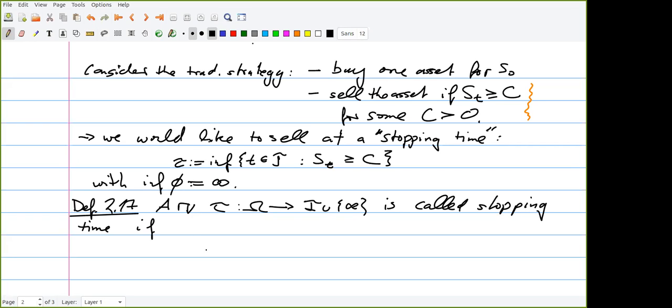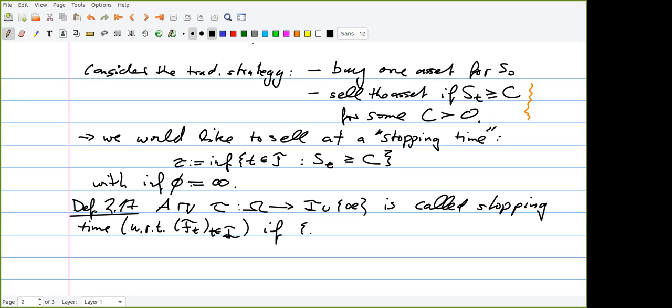if, and again, the stopping time is always with respect to some filtration. So most of the time I will not say it, but it's always with respect to the filtration given in our underlying filtered probability space.